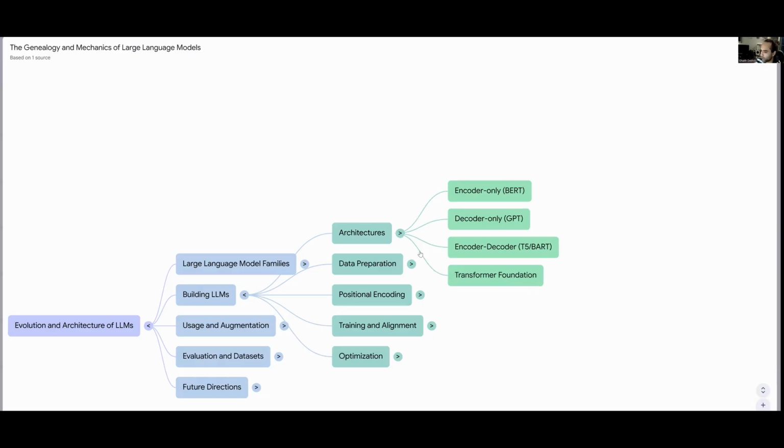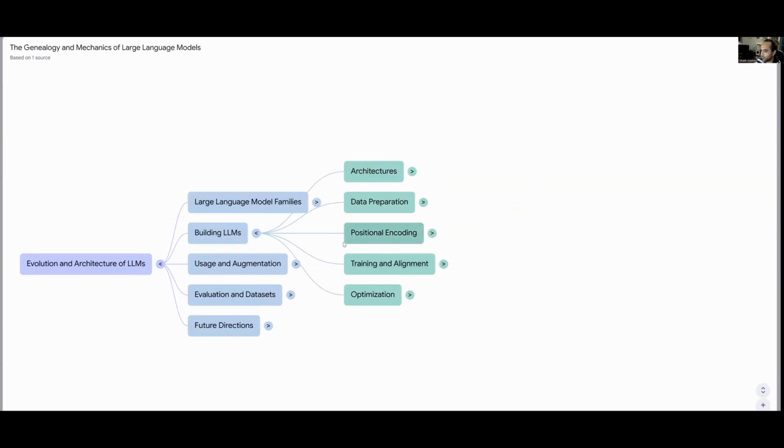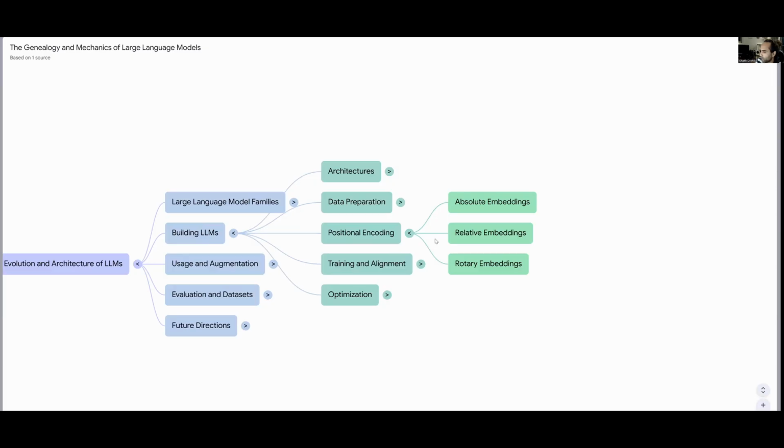Another piece of information that is crucial when building this kind of model is the positional encoding. This is crucial because it's used to inject sequence order, or word order, information during the model training. And to inject this information, different types of embeddings can be used.